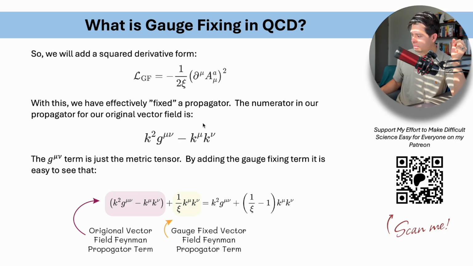So we're adding this bit right here, right? When we do the Euler-Lagrange equations onto this bit, we get the momentum squared, okay? We're going to get this term, k mu k nu, and so we can effectively just take this out here.